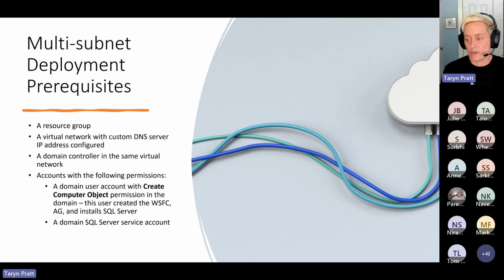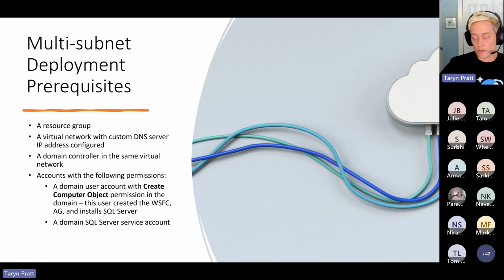So obviously you need a resource group. That's pretty much a given. You need a virtual network, as well as a custom DNS server with the IP address configured, because it allows us to grab IP addresses from that DNS server. A domain controller in the same virtual network. And then the key thing is that the accounts you're using as you go through the workflow have to have certain permissions. It's the same kind of permissions that you would have if you were manually setting it up.